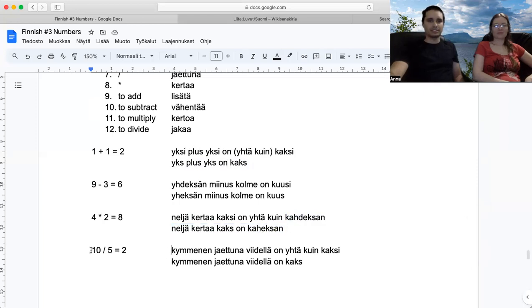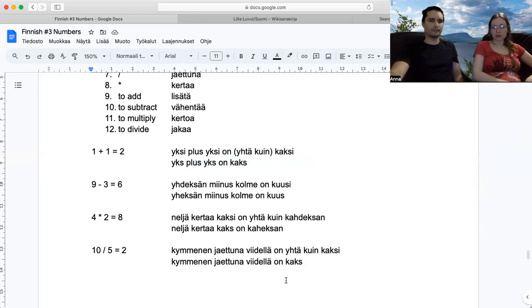And 10 divided by 5 is 2: 10 jaettuna 5 on yhtä kuin 2, or 10 jaettuna 5 on 2. Let me say all the colloquial ones again: 1 plus 1 on 2, 9 miinus 3 on 6, 4 kertaa 2 on 8, 10 jaettuna 5 on 2.